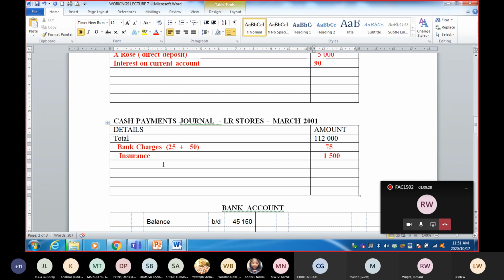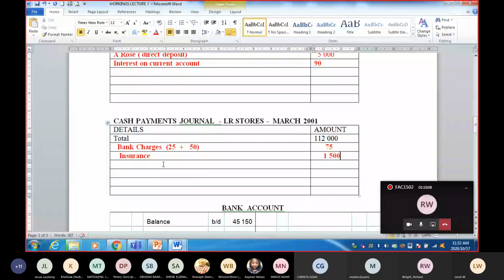There is still one amount that is unclear, and that was check number XX900. So let us go to additional information and try to resolve this matter as far as check number XX900 is concerned. The additional information will tell you that check number XX900, originally received from Mrs. B. Smith, was deposited during the previous month into the bank account of LR Stores.